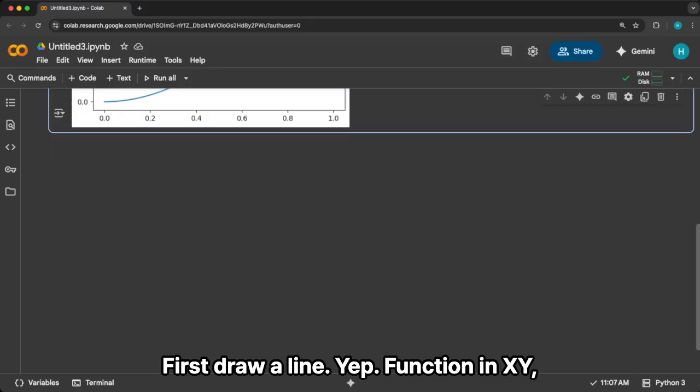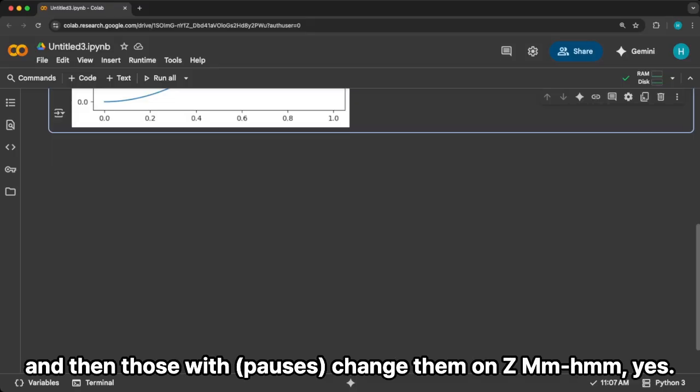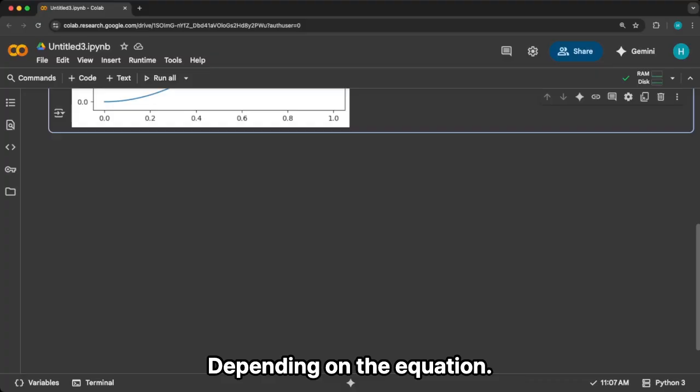First draw a line, function in piecewise, and then change them on the axis, depending on the equation.